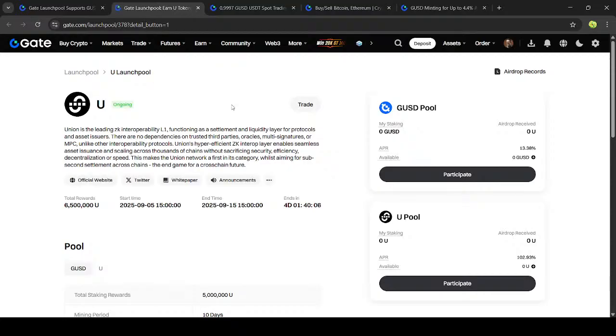Launchpool, guys. Union is the leading ZK interoperability protocol, functioning as a layer one, the settlement and liquidity layer for protocols and asset issuers. There is no dependency on trusted third parties, oracles, multi-signature or MPC.